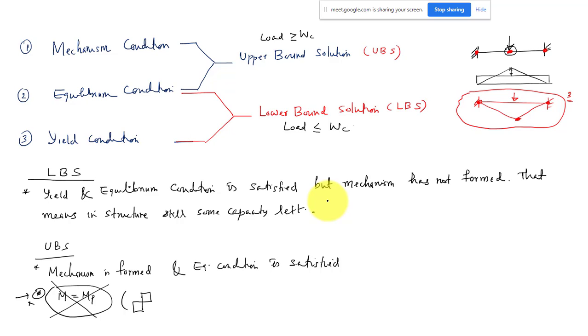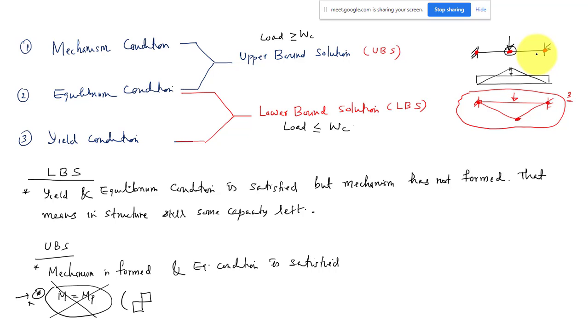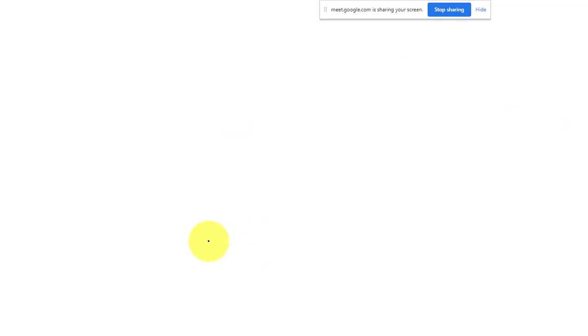Now I have given you two examples. One is a simply supported beam, where I need only one plastic hinge to form the mechanism. But if you have a fixed beam, you need three plastic hinges. How to decide that, we'll discuss. After discussing the mechanism, that time it may be better to come back to the upper bound and lower bound theorems.